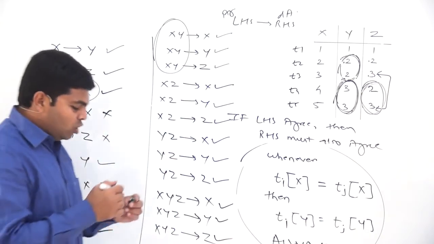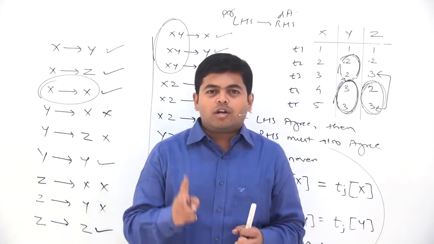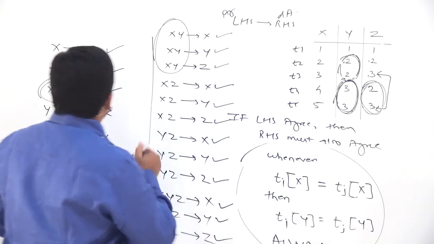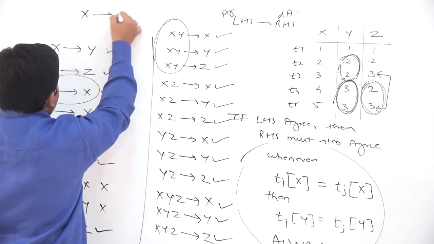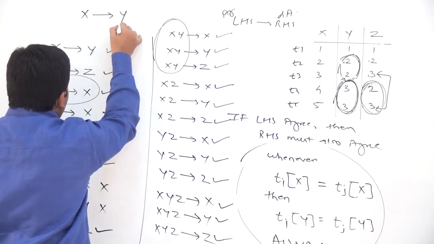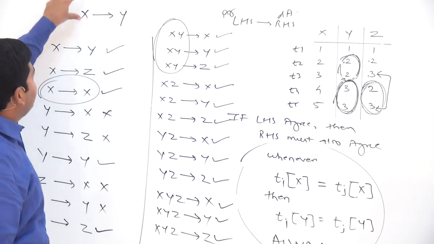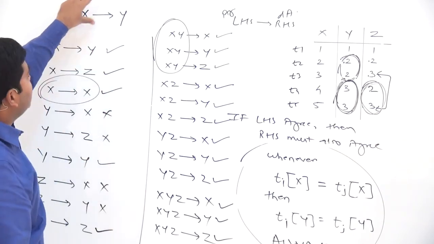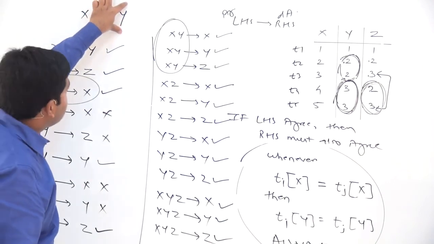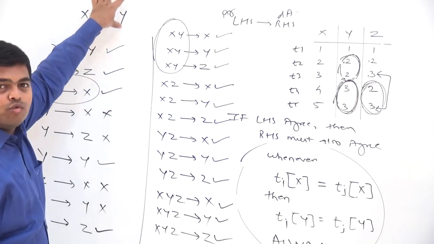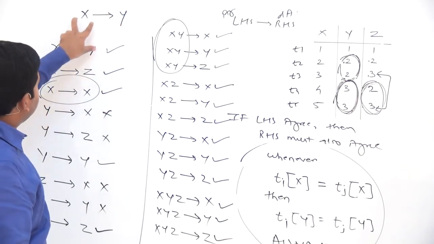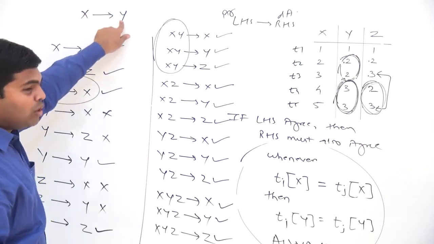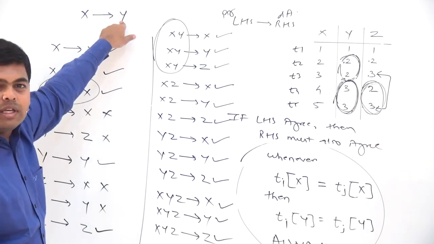So two things are important as far as a functional dependency is concerned. Whenever you say X functionally determines Y, it means from the given value of X, you can always uniquely determine the value of Y. If sometimes from the value of X you cannot determine a unique value of Y, then the FD cannot be satisfied.